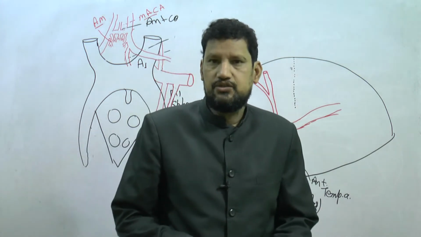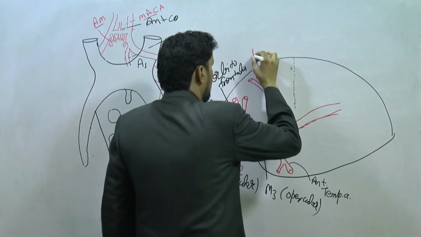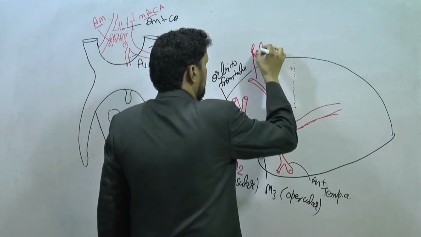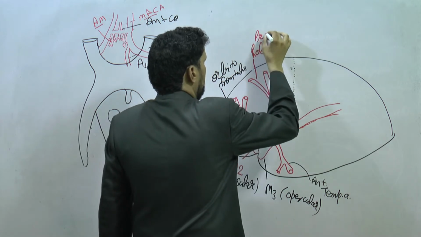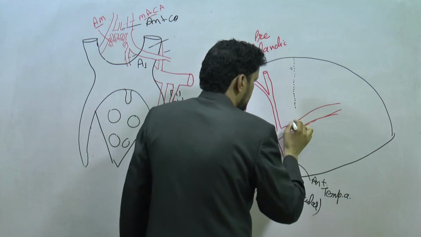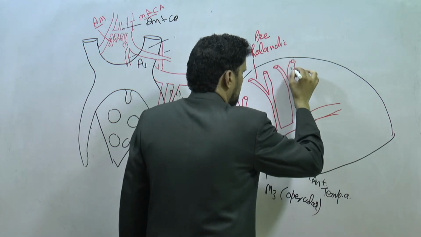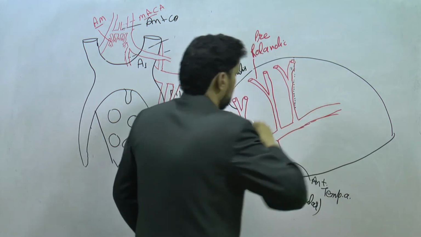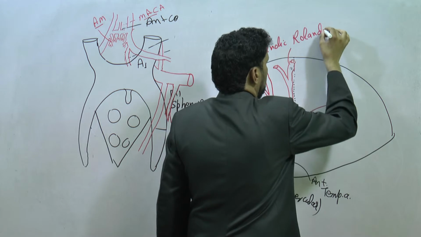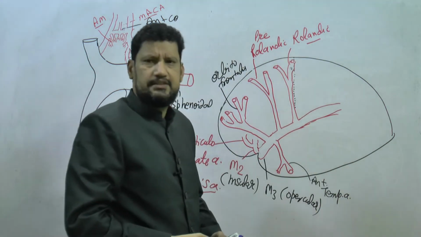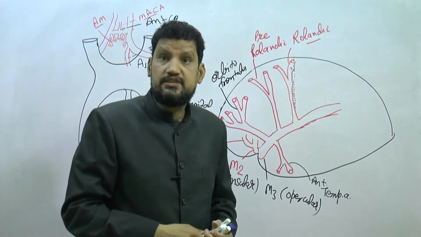This artery is known as Rolandic artery. Why this artery is known as Rolandic, I will explain later. This is known as pre-Rolandic, and this artery is Rolandic. With the central sulcus, the lateral sulcus is known as Sulcus of Sylvius.